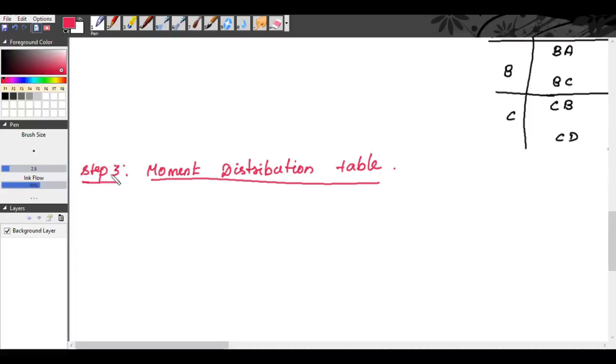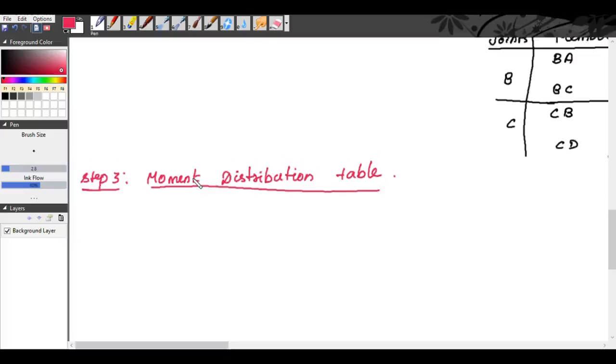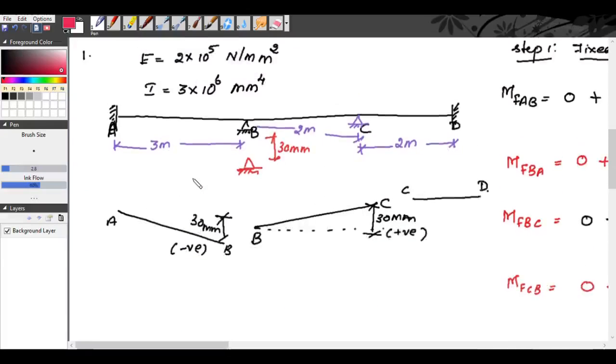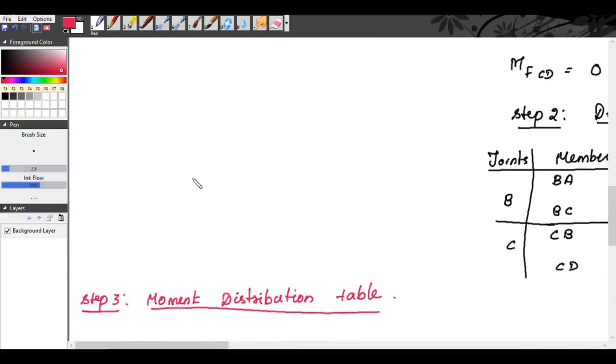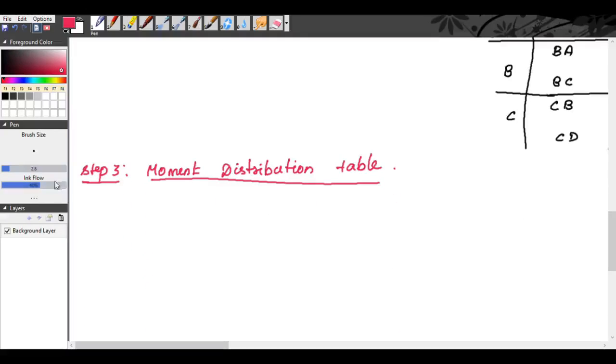For drawing the moment distribution table, we have totally from A to D, 4 supports, A, B, C, D. We will write the supports or the joints. So our joints are A, B, C and D.